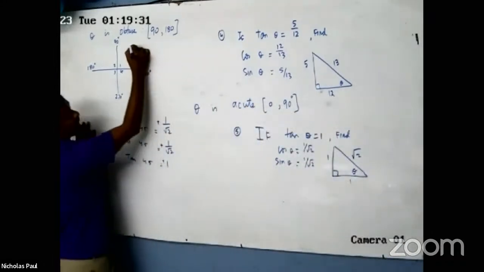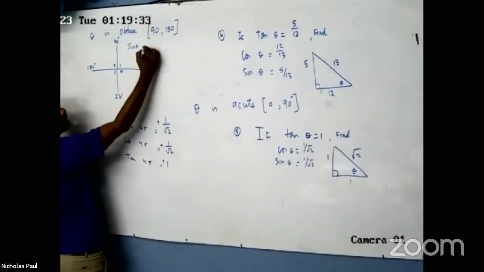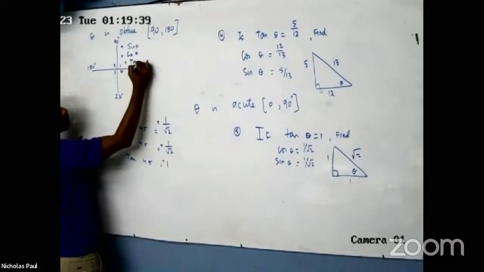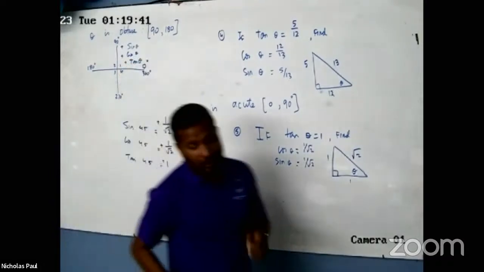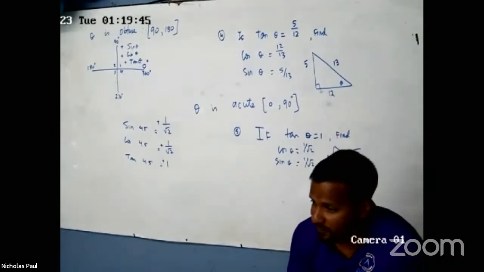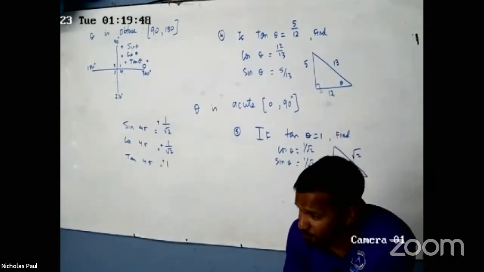So it means that sine theta is positive here. So it means that all the values between 0 and 90 are positive. Are you okay with that, Samira?